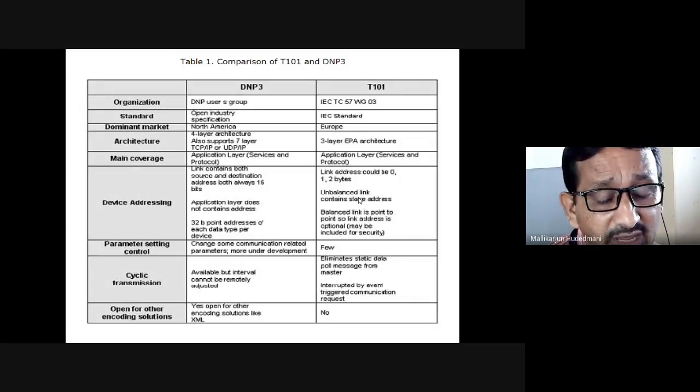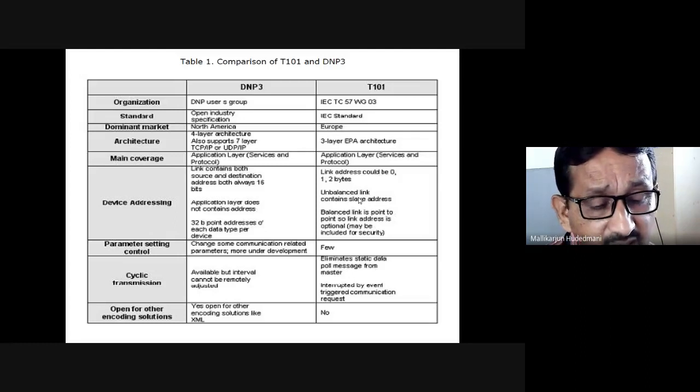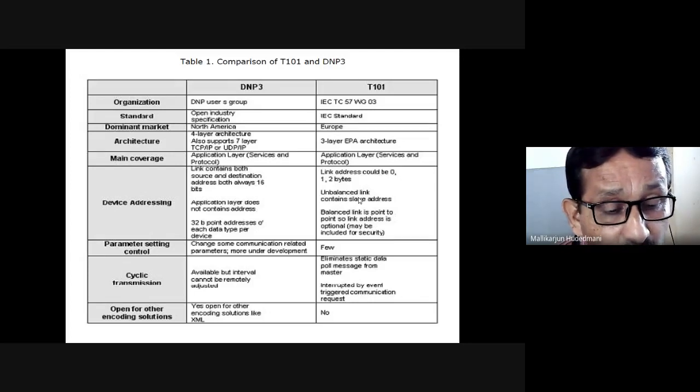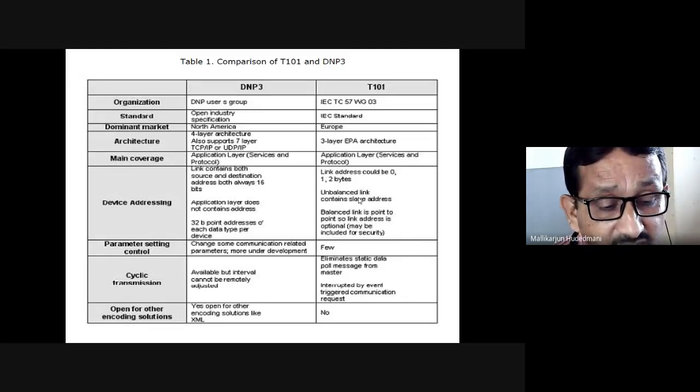So when I have equipment purchased, to be installed in my controller or control area, which responds for DNP, what kind of device addressing, how should I query it, how should I recognize it as my measuring element? It should be addressed, with its ability to respond. It should be queried or touched with a command. How do I address it? The link should be sent to that. It should contain source and destination address, both 16-bit.